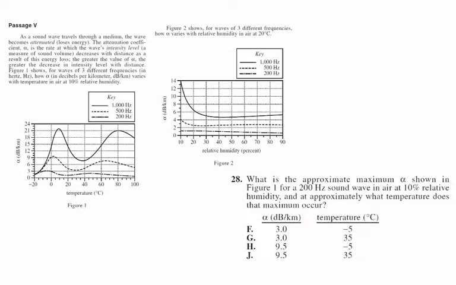Number 28, what is the approximate maximum coefficient shown in figure 1 for a 200 hertz sound wave at 10% relative humidity? And at approximately what temperature does that maximum occur? So we're looking at figure 1, and we're looking at 200 hertz, which is this line.